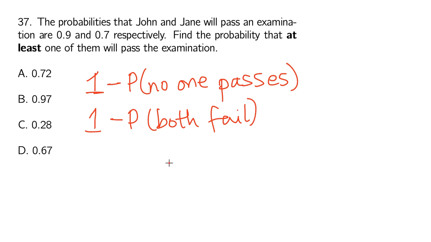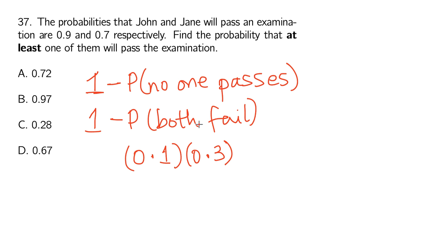So we now have to find the probability that John fails and the probability that Jane fails. Because the probability that John passes is 0.9, the probability that John fails is 0.1. And the probability that Jane fails is 0.3.